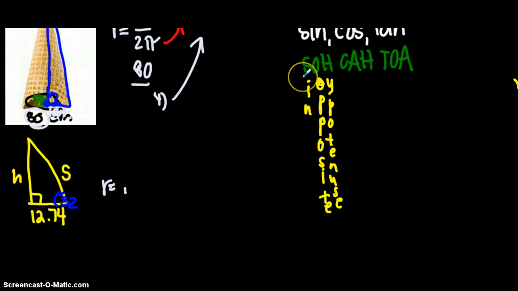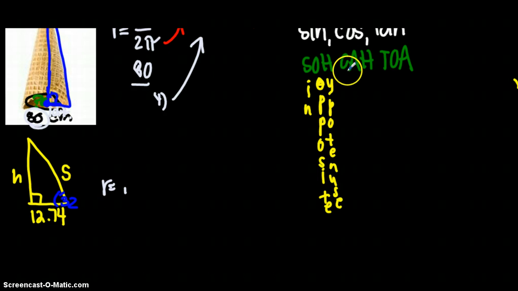Here we have opposite, and the opposite of angle 32 is h, and then we also have hypotenuse, which is s. We cannot use these because they are both variables, and we need both a number and a variable to solve for one of them. So this one we cannot use.